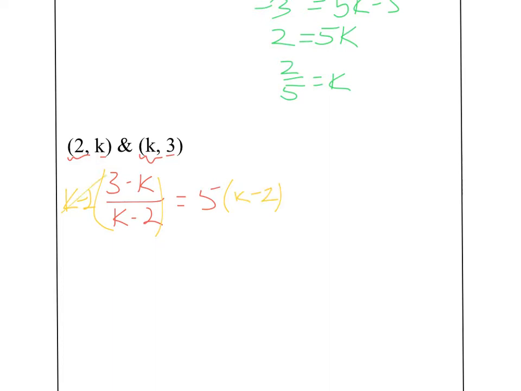That's a good strategy in general, to multiply by the denominator to get rid of it. On the left, we're left with 3 minus k. On the right, we've got 5k minus 10. I'm going to combine some like terms, add k to both sides to get 6k, add 10 to both sides to get 13, and when I do this out, we get k is equal to 13/6. And that works out rather nicely.